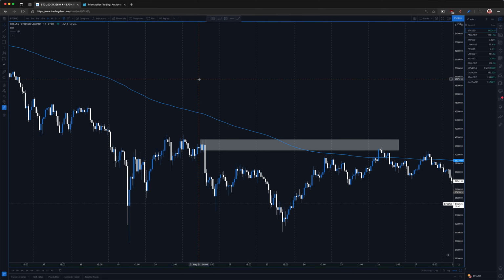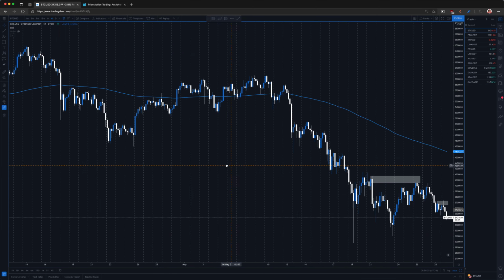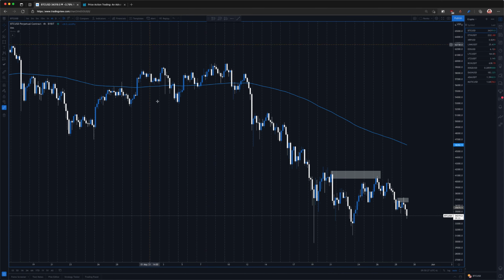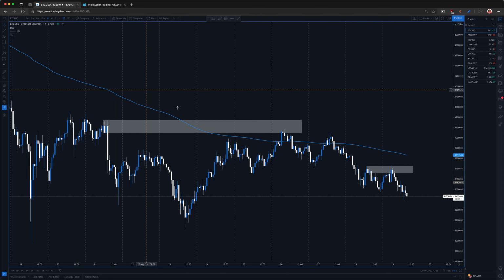Now, I put together a couple examples here for you before we get into it. So here's an example. If we were to look at this structure here, I kind of liked it on the 1 hour. We have a rally in price right here. You can see from the lows on Bitcoin, 29,000, it rallied up to the 40,000 range, put in a nice sideways structure, and then dropped.